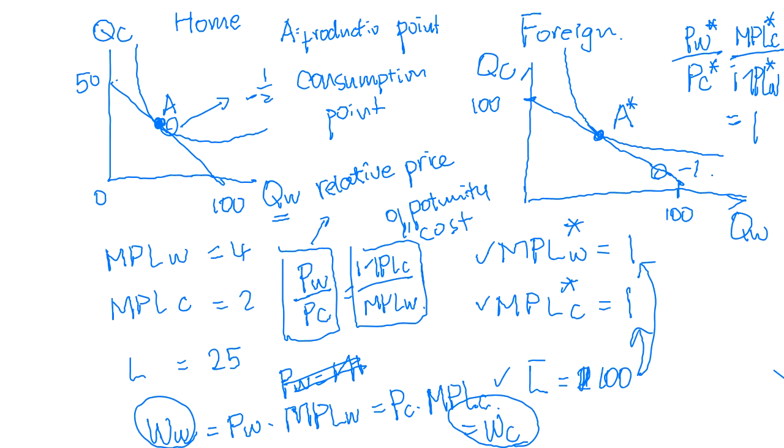Let me know. We are going to go over the core of the Ricardian model today. So this is important. Now I have the no trade scenario, or you will get a term called autarky.